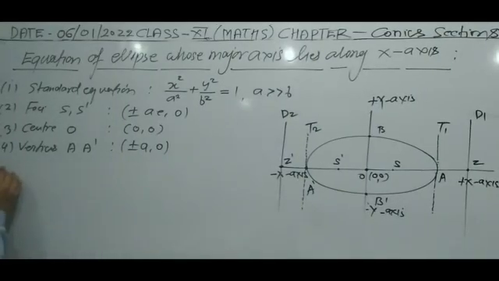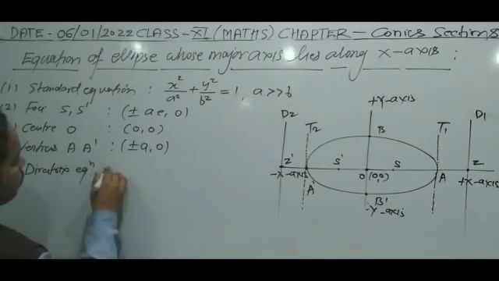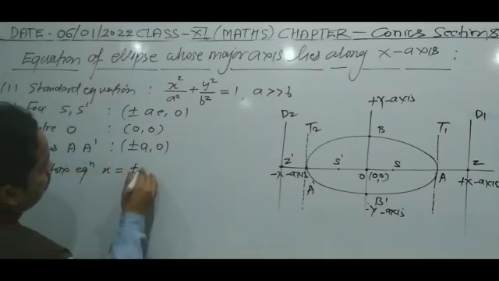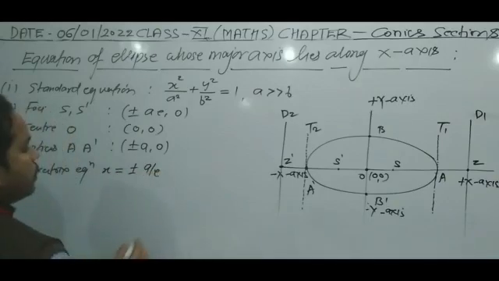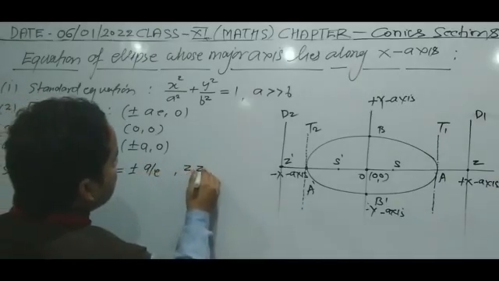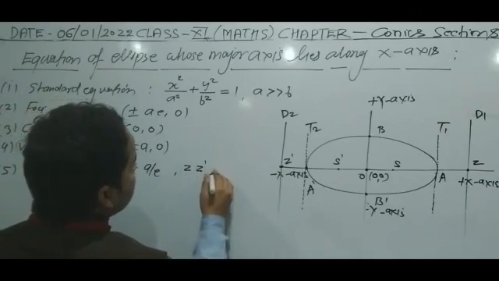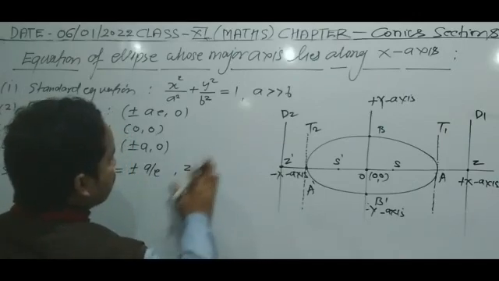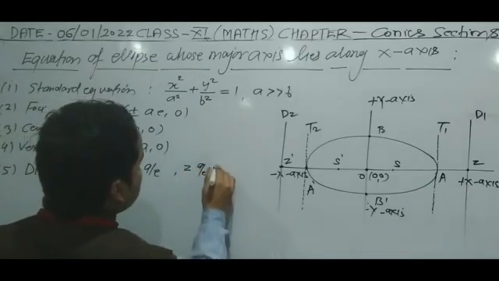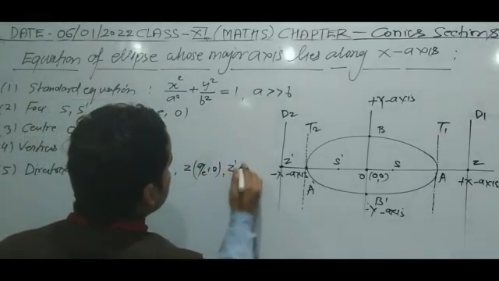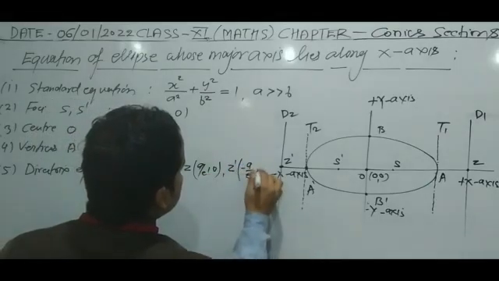Fifth is directrix equation, x is equal to plus minus a by e, and Z comma Z dash. Z coordinate is a by e comma 0, Z dash is minus a by e comma 0.